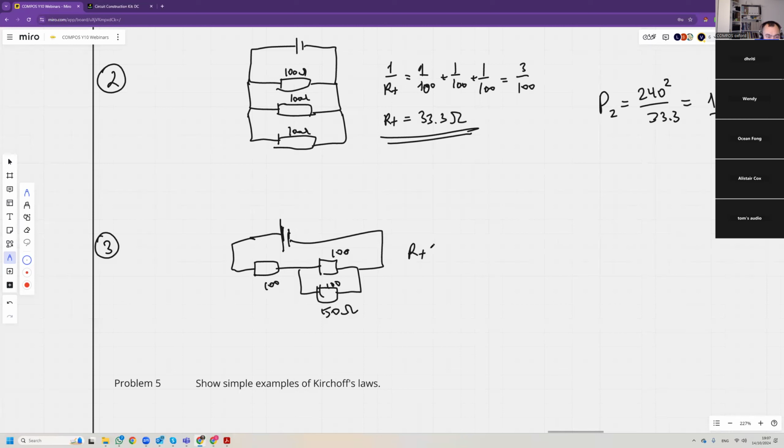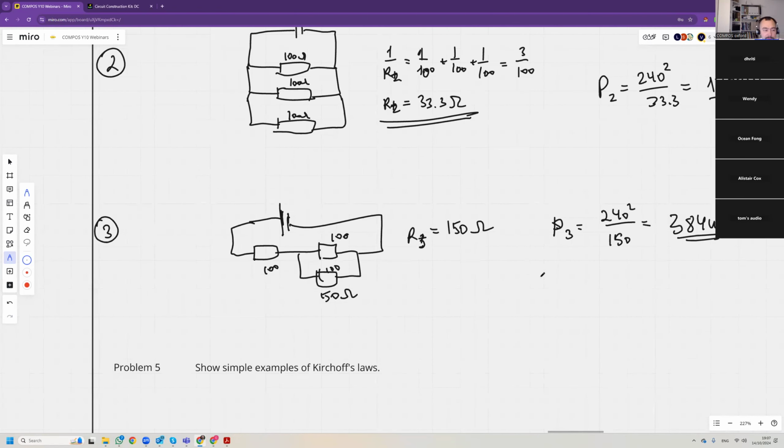So our total is 150 ohms. And the power 3 is 240 squared divided by 150. 384 watts.